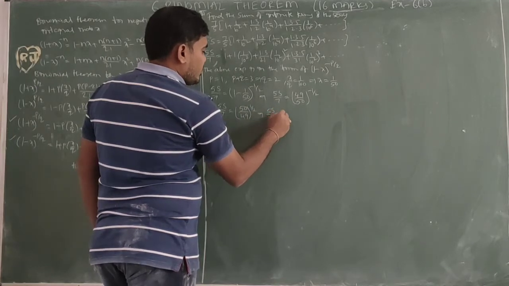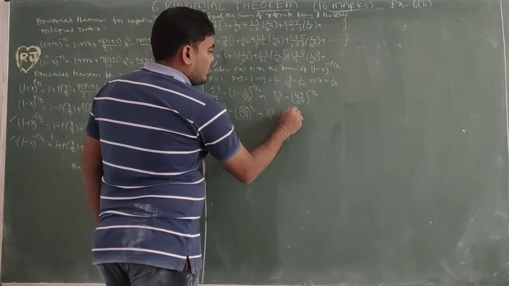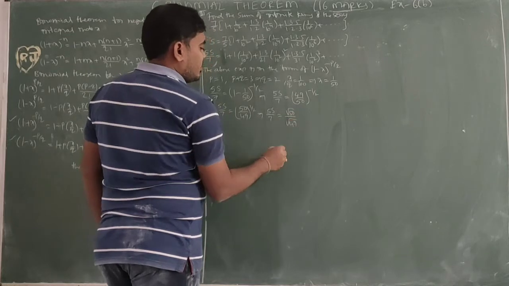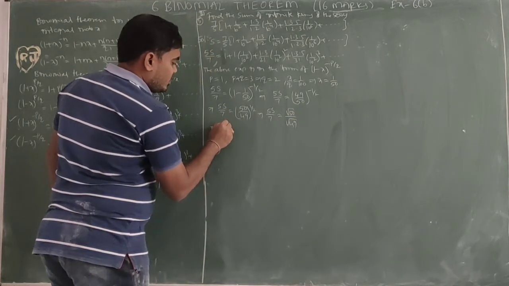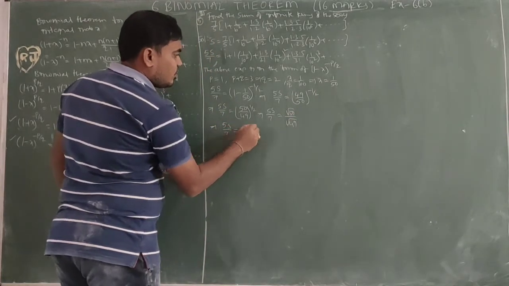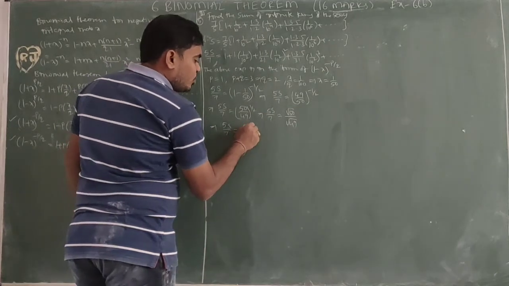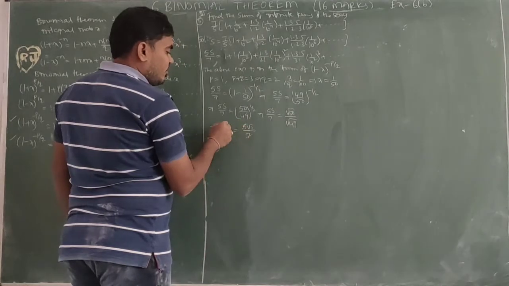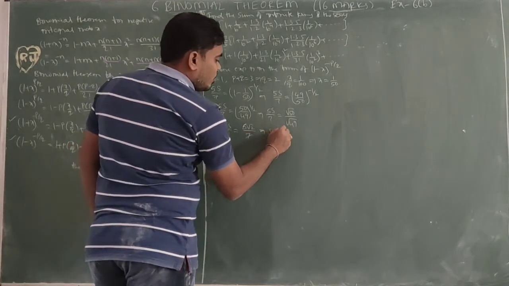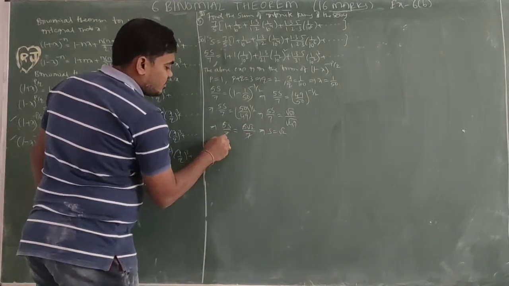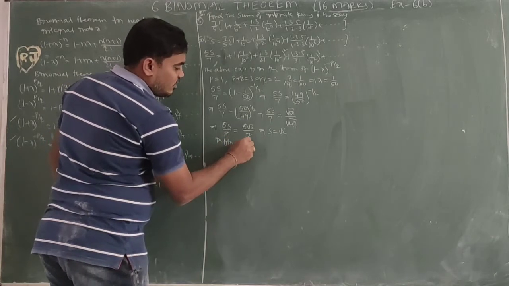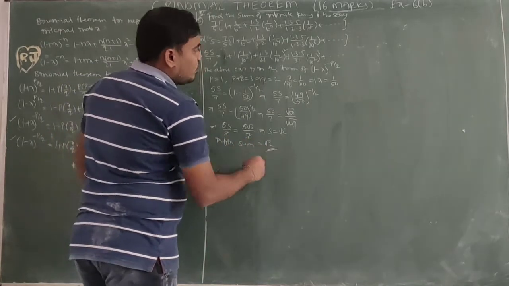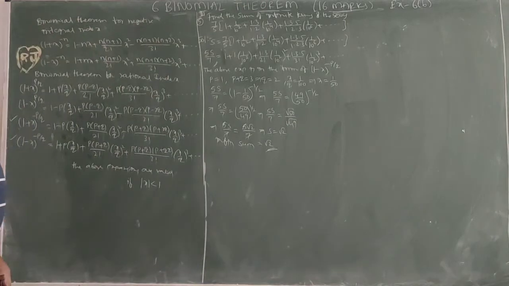So 5s by 7 equals root 50 by root 49, which is 5 root 2 by 7. The 7 cancels, the 5 cancels, so s equals root 2. So the infinite sum equals root 2.